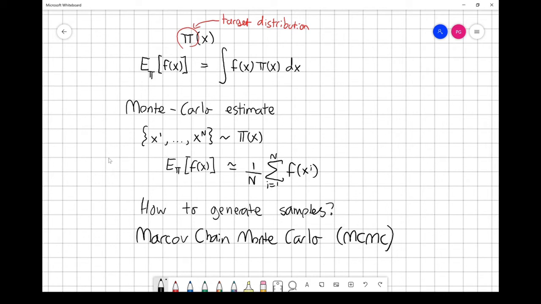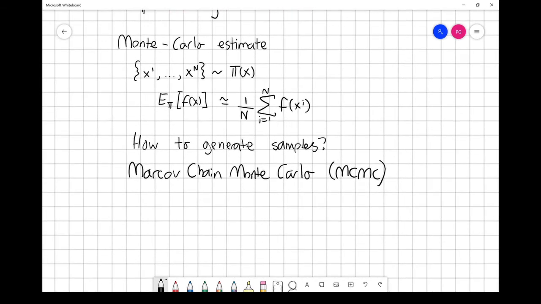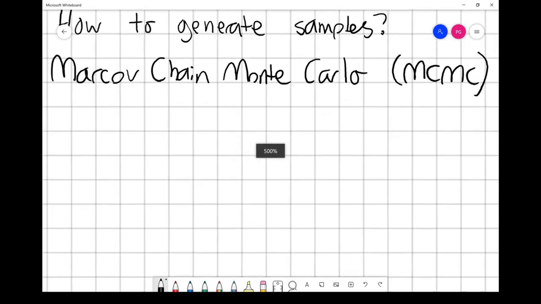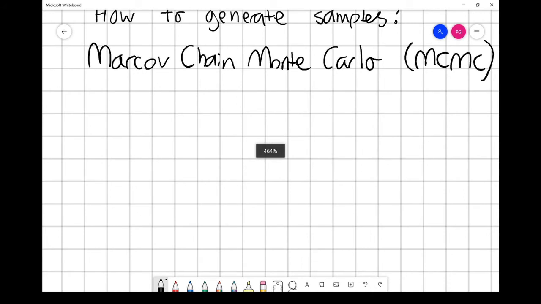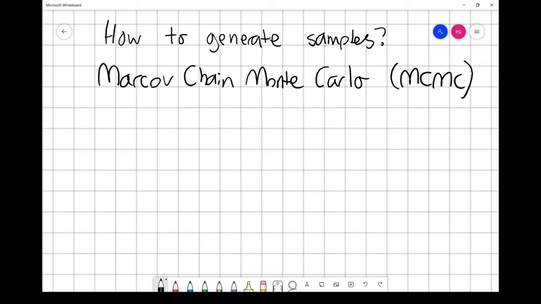When does this come up? Well, most of the time it comes up when we're doing something Bayesian, something that involves writing down Bayes' theorem. So I've got some videos about Bayes' theorem as well that might be of interest. But usually, let's say our target distribution is actually given by Bayes' theorem.